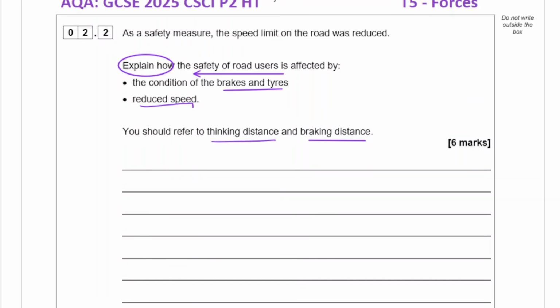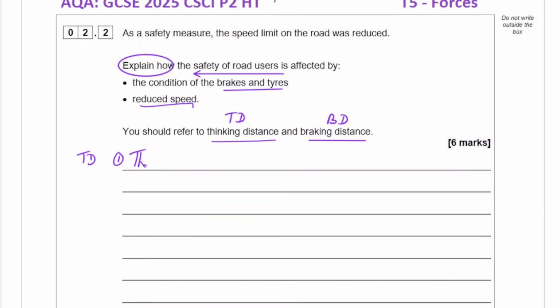That's to do with the reaction time of the driver. So if I say thinking distance as TD, braking distance as BD, let's talk about the thinking distance first. How does the condition of the brakes and tires affect the thinking distance? Let's talk about that first. So the first point.